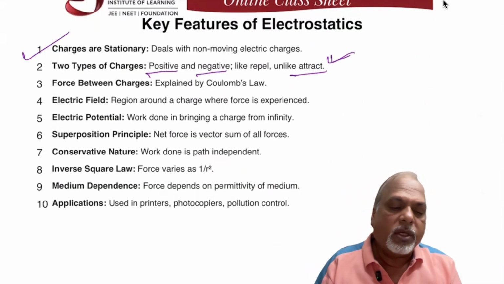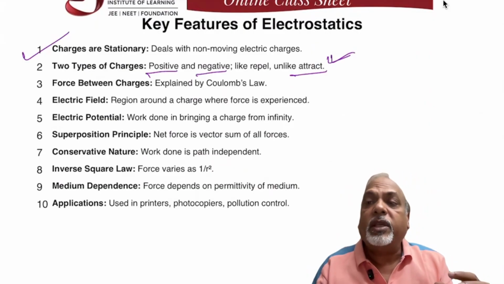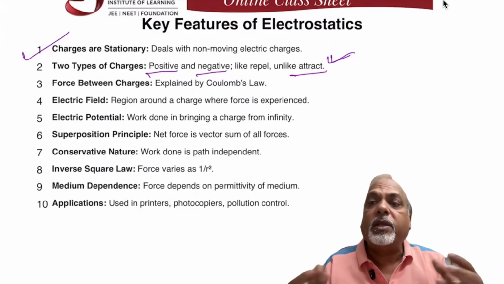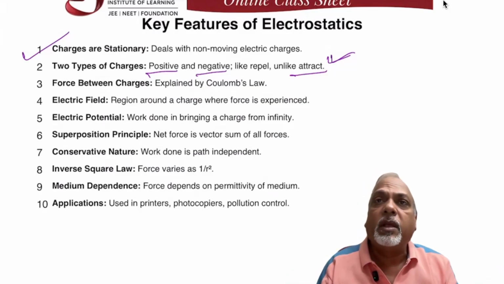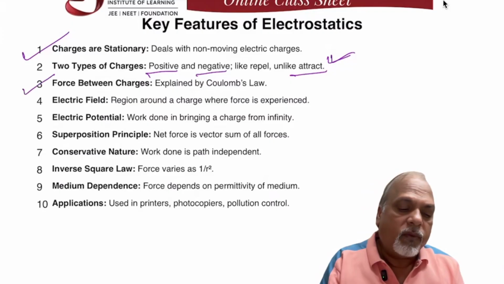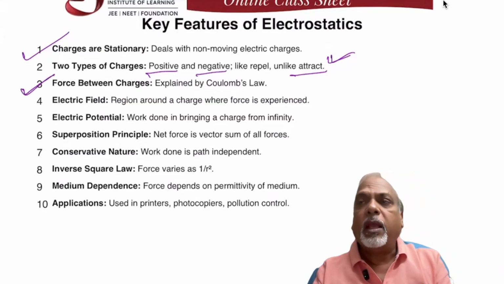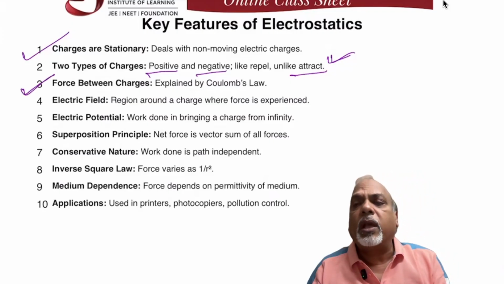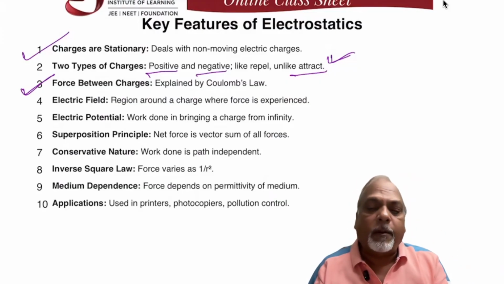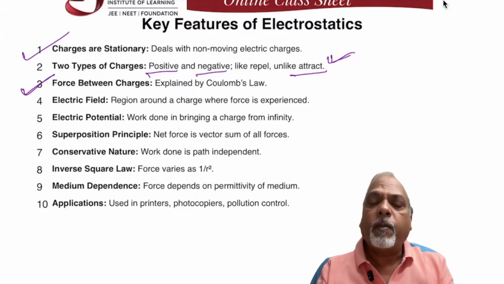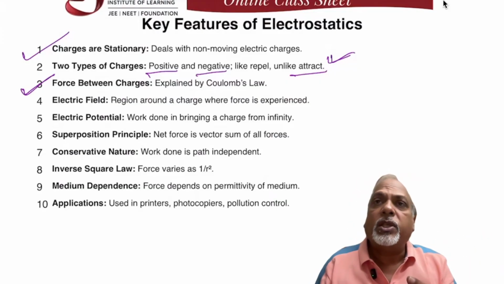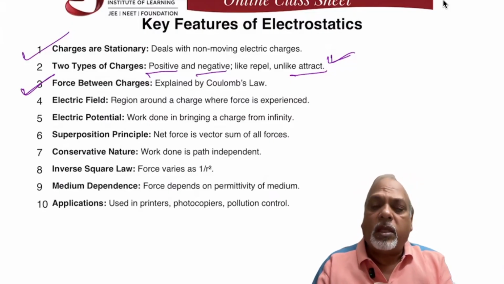This we have already studied. Then since they are repelling or attracting, that means there is some kind of force between them, correct? So that we will also see. All these forces, how they happen, are explained by Coulomb's law. Then, since there is a force, the charges have their own influence of field.